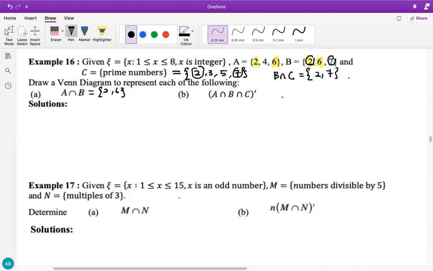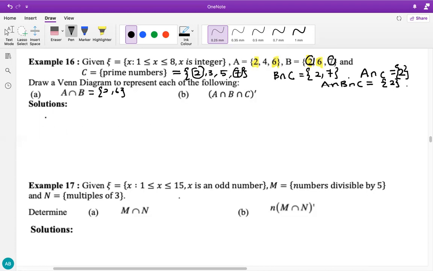Then we have A and C. A intersect C, you have 2 also. 4 no, 6 no. So we have only 2. So A intersect B intersect C has one element, that is 2.